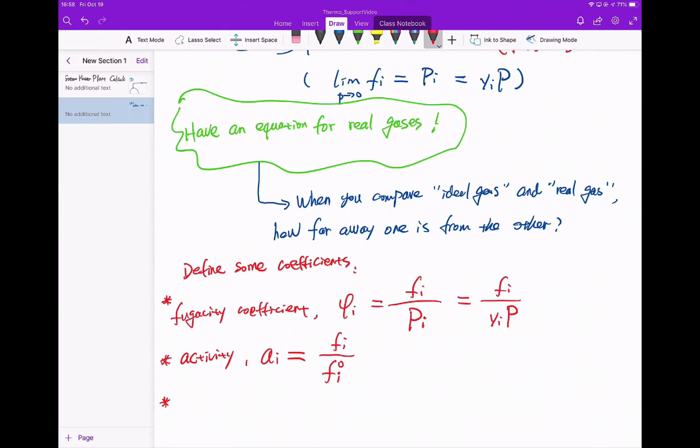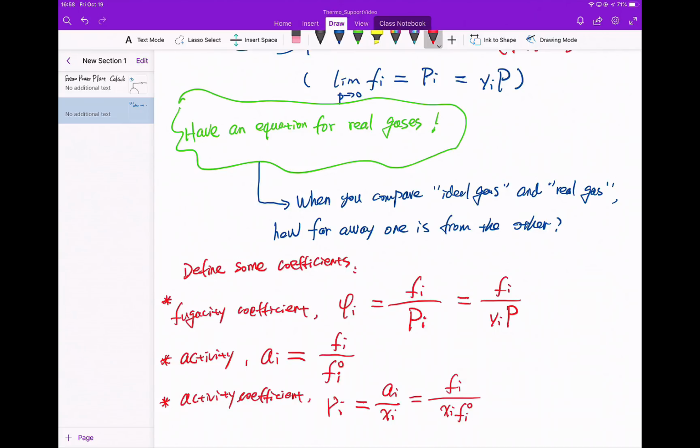The third is the so-called activity coefficient. Gamma i is defined as ai over xi, and ai is of course fi over xi times fi naught.